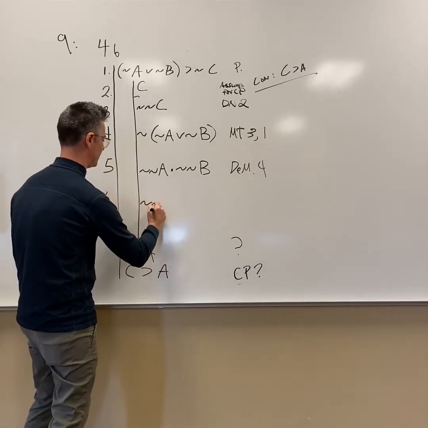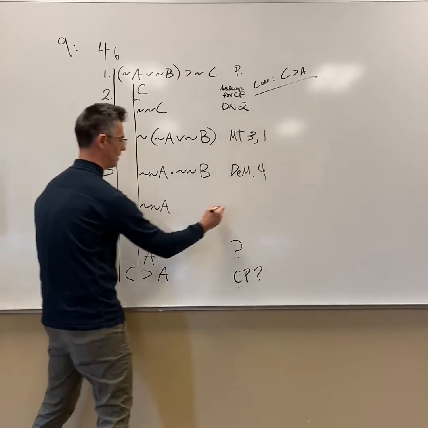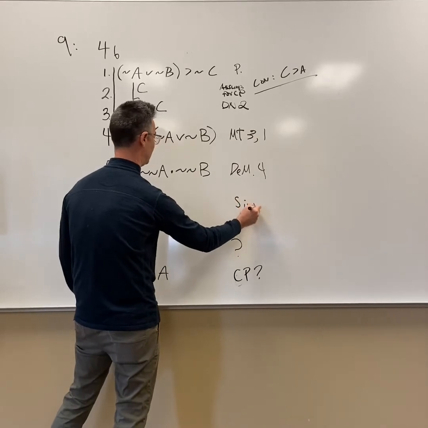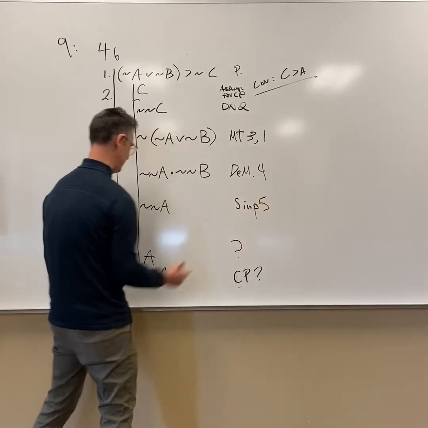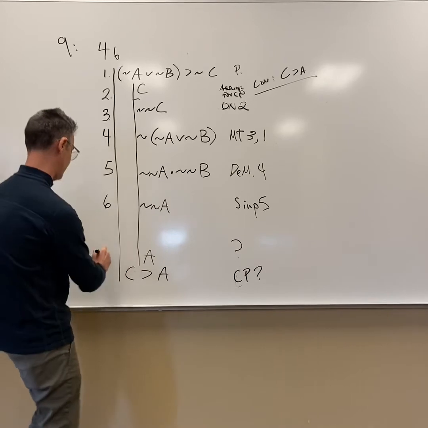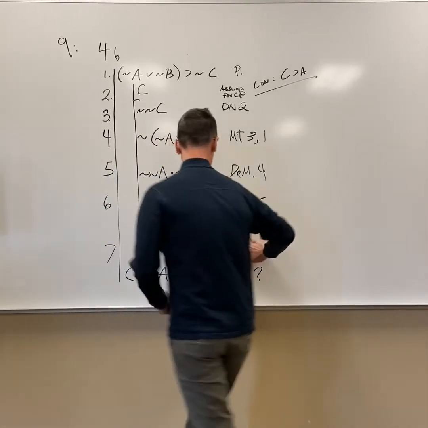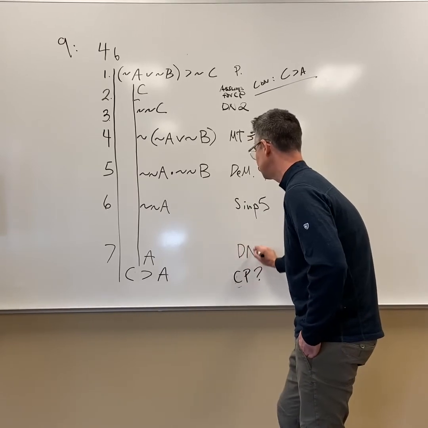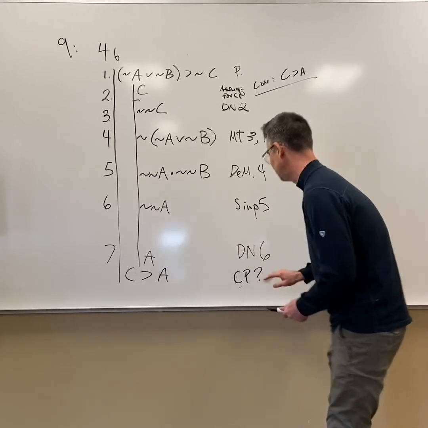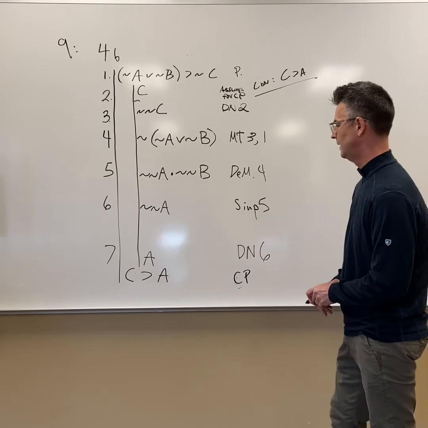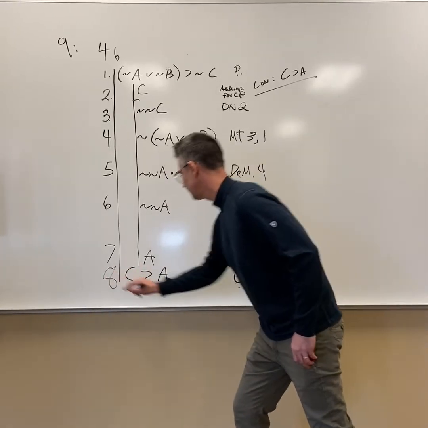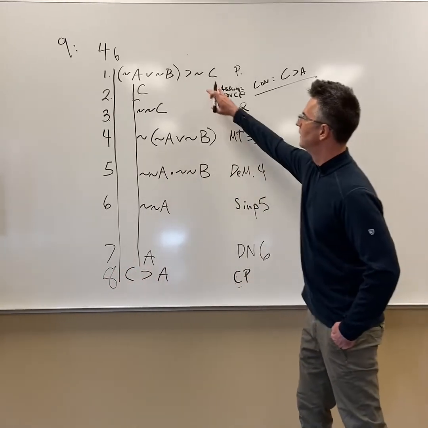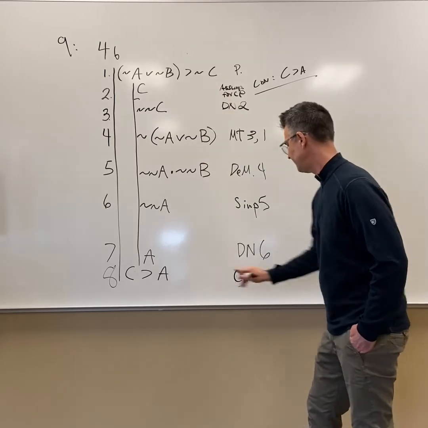I can get not A by itself by simplification, our old friend that's helping us again. Simplification on 5. And then I've got A, which is just a double negation in reverse on step 6. Double negation 6. Then all I have to do to finish the proof is note that this is step 8: conditional proof, 2 through 7.